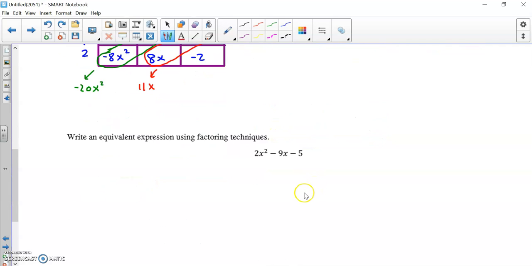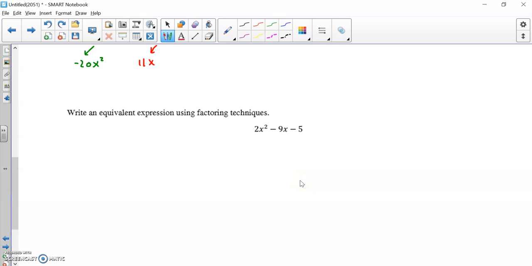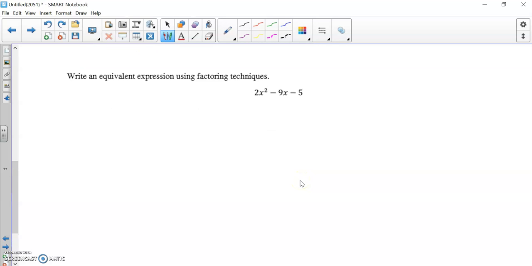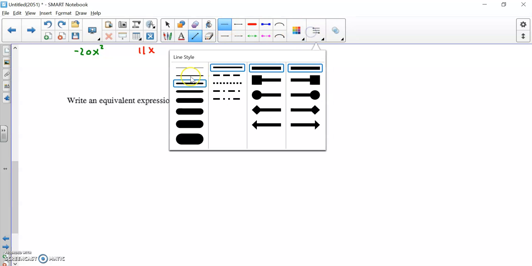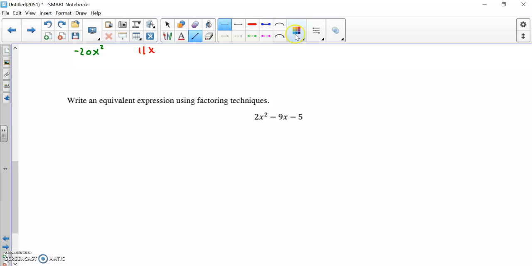Alright, one last problem here, and it's just basic factoring. We're not even solving or anything. So let's just box and diamond this. Let's make a nice box this time.